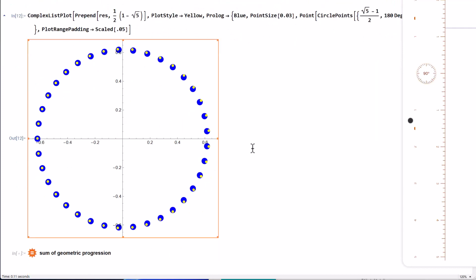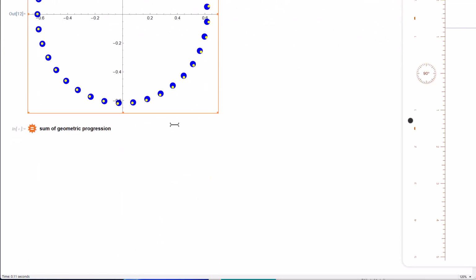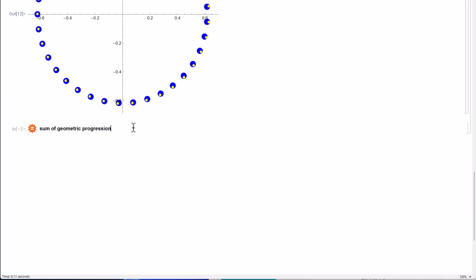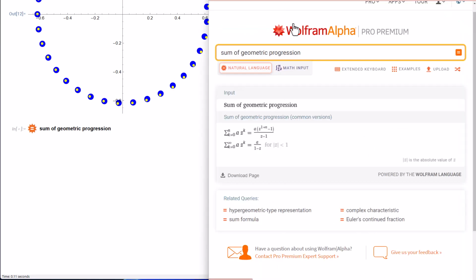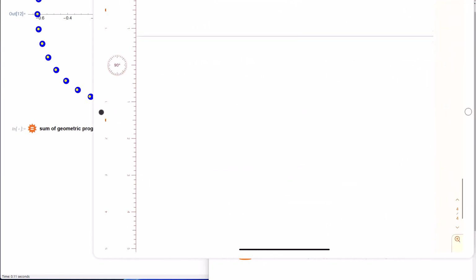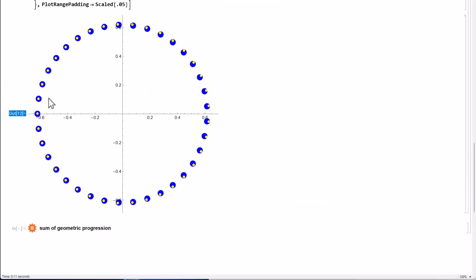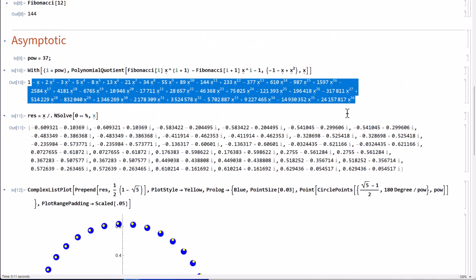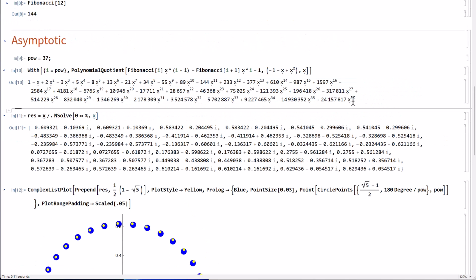And why is that? Here we need to use Binet's formula and the formula for geometric progression at the same time. Okay, here is the reason. As the polynomial goes higher and higher in power, we have more and more terms.